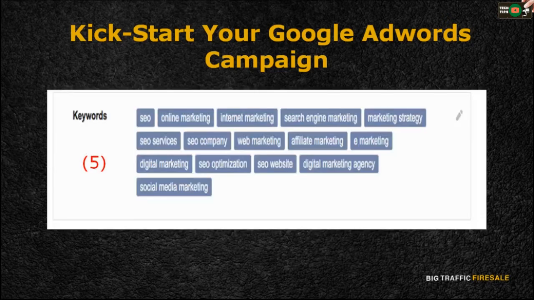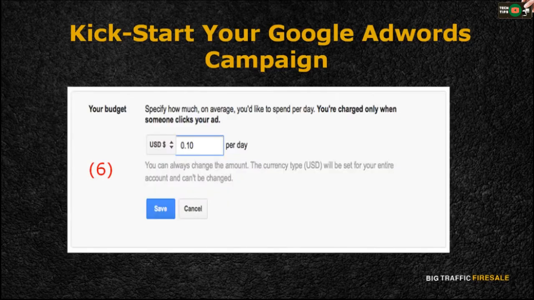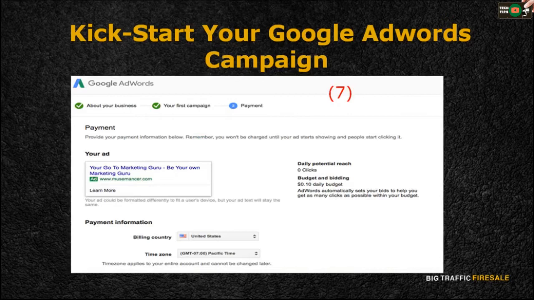The 5th step is to paste your keywords. Start with just one set and add plus signs, brackets, and quotation marks to see how many search results you'll get. The 6th step is to set your maximum CPC within your budget. For starters, maybe keep it low so you can scale. Finally, your ads will start showing up once you've confirmed your payment.